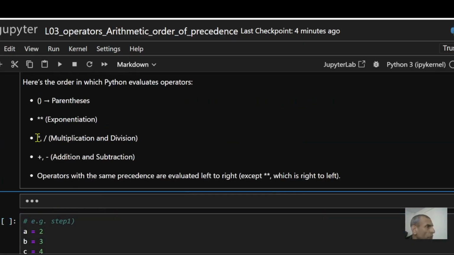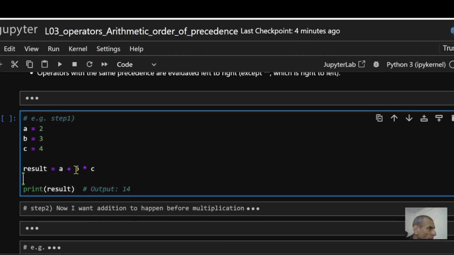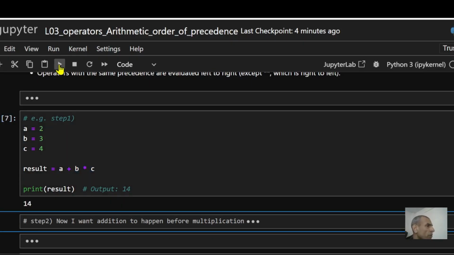So it's going to perform the multiplication first because multiplication comes before addition and subtraction. So it's going to perform b times c first. That means 3 multiplied by 4 is equal to 12. And then when you get 12, you add 12 to a. Then a is 2. So 12 plus 2 is 14, and your answer will come out to be 14.